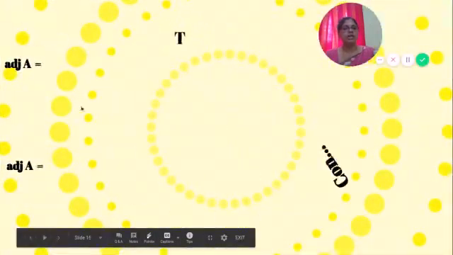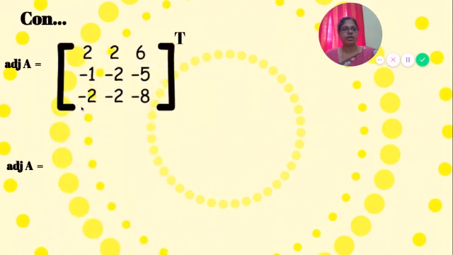So Adj A is 2, 2, 6, minus 1, minus 2, minus 5, minus 2, minus 2, minus 8, the whole transpose. Now we have to transpose this matrix to find the adjoint of A.